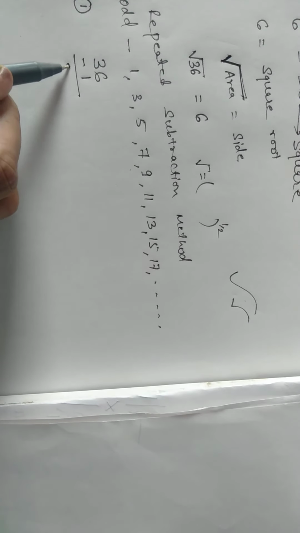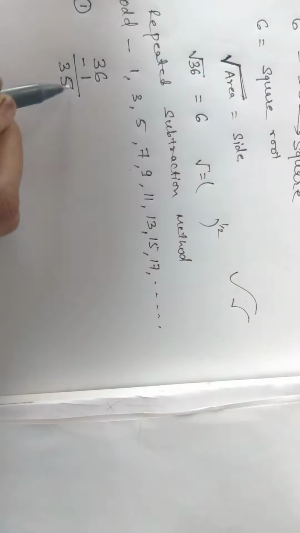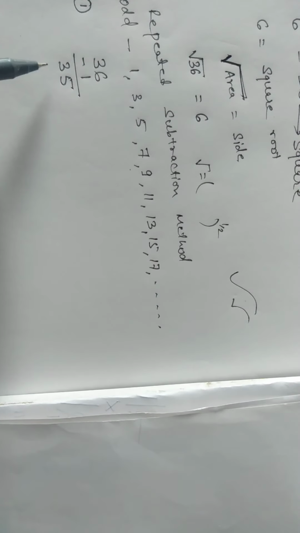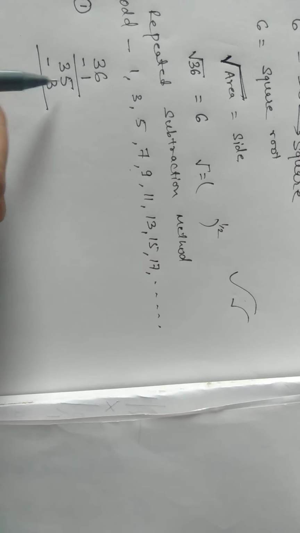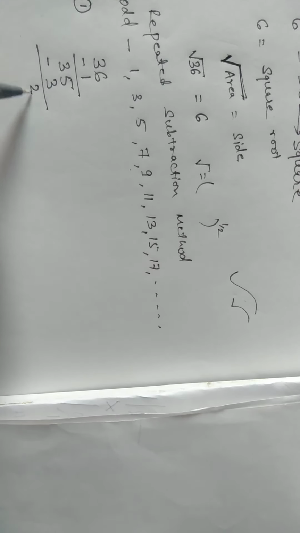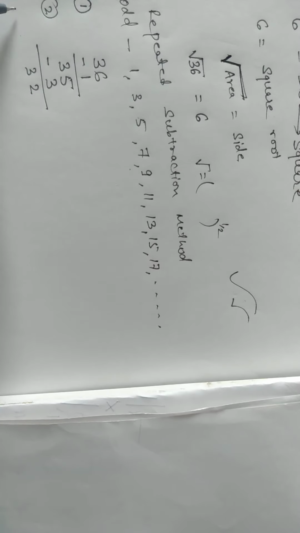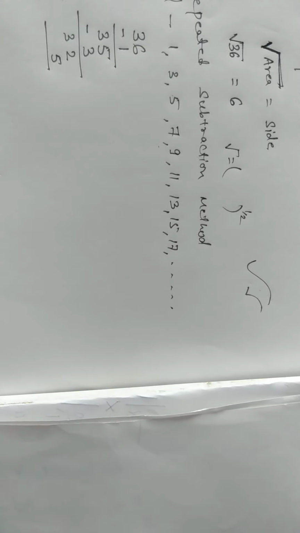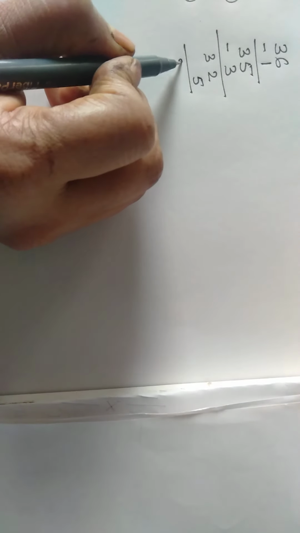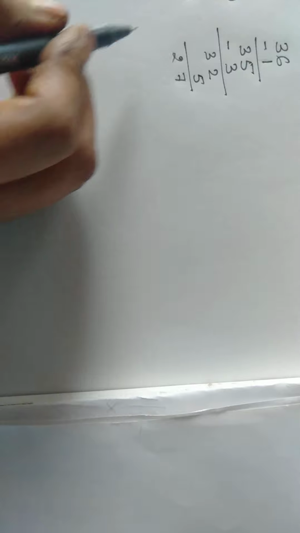When we subtract, it is equal to 35. Now from this 35 we subtract 3. 35 minus 3 is 32. This is the second step. Now in the third step we subtract 5 from this, and it equals 27.